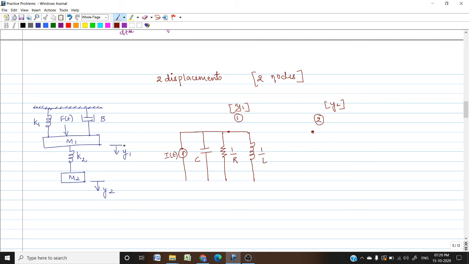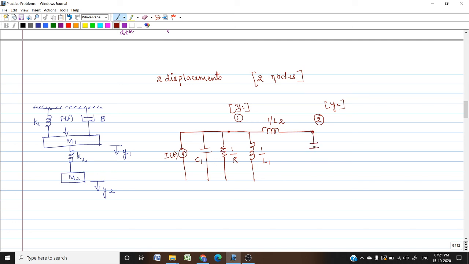Now between displacement y1 and y2 we have k2, where k2 is analogous to inductance. This is between the two displacements. I'll write this as L1, this is L2. So coming to displacement 2, we have only mass, which is analogous to capacitance.